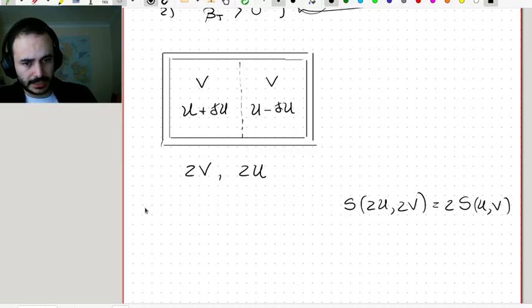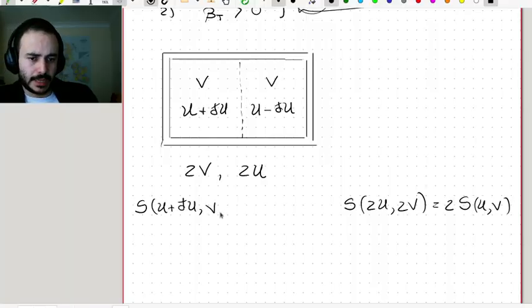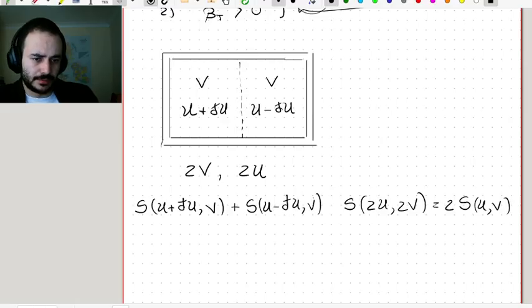And then in the end, what I have for the total entropy is the entropy of the left-hand side, which is u plus du, and the volume is unchanged. And here is plus S of u minus du, v, okay?